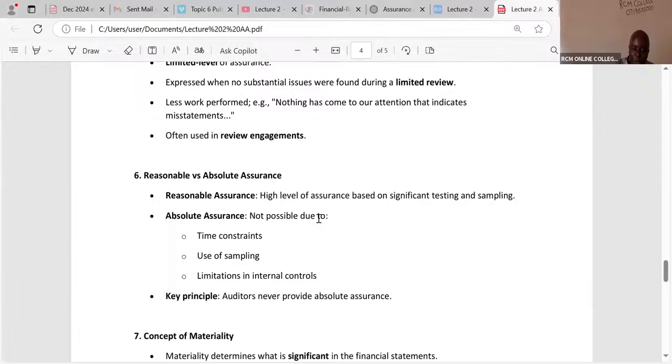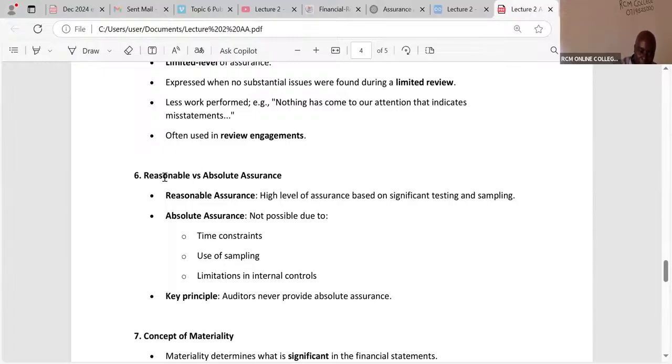It's not possible due to time constraints, use of sampling, because I'm not doing a census, I'm doing sampling, and limitations in internal controls. Key principle: auditors never provide absolute assurance, never. We normally provide what we call reasonable assurance.